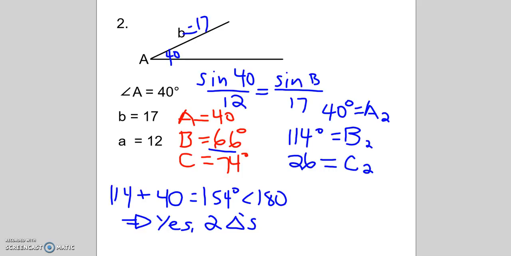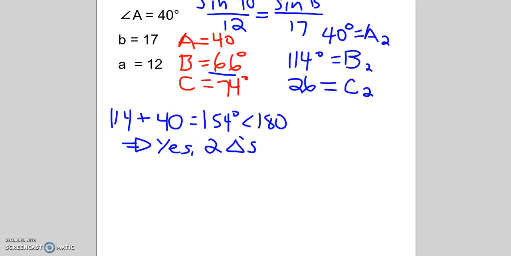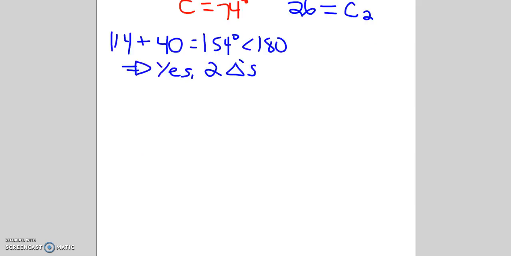Okay, so now we have all the angles for both triangles, and we need to figure out the side lengths of both triangles. So let's go back to our first one and figure out the side lengths of those. So we're going to use the law of sines again, just like we've been doing.